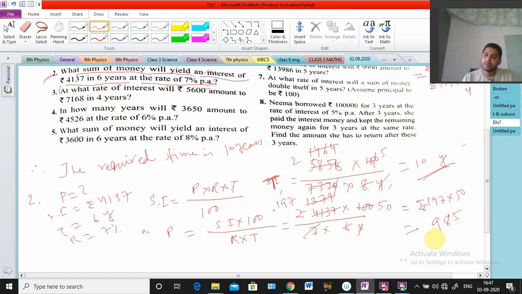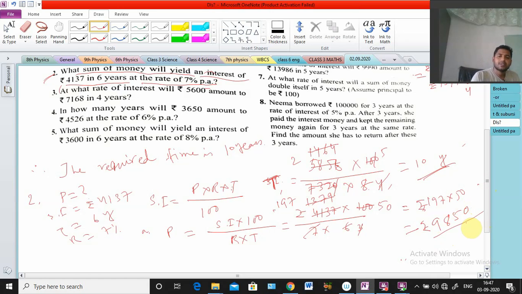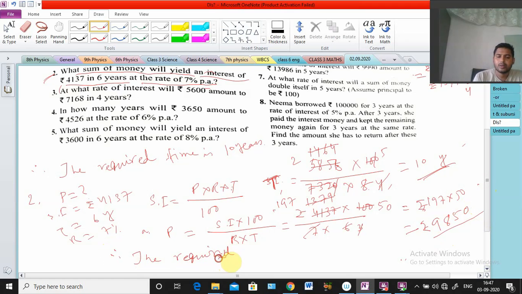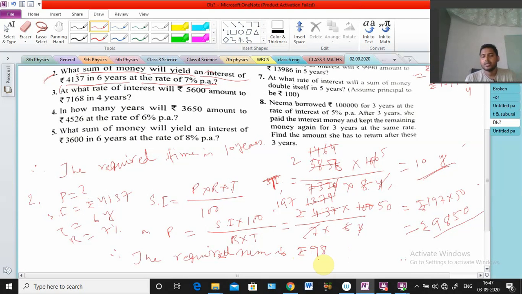So 985 and 1 zero will come, that means 9850. That is the answer, that is the principal. Clear? Therefore the required sum is rupees 9850.